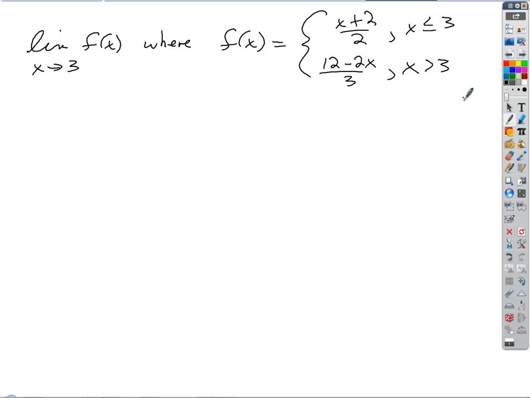Stare at that for a second. Think about it. Talk about it with your neighbor. Let's be prepared to rigorously discuss this. Figure out what this limit is.